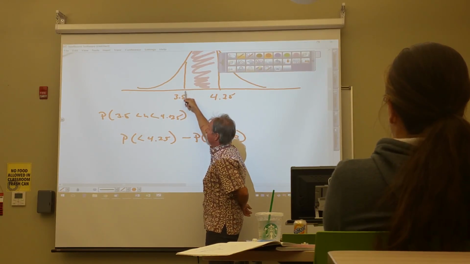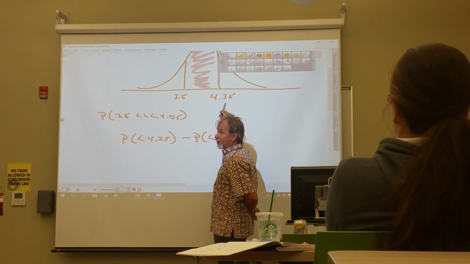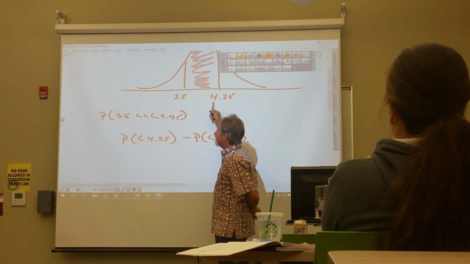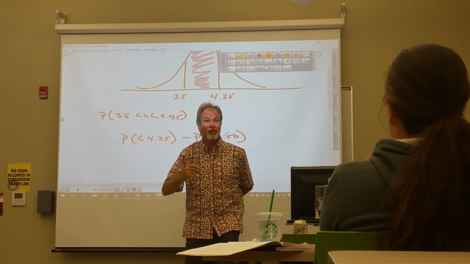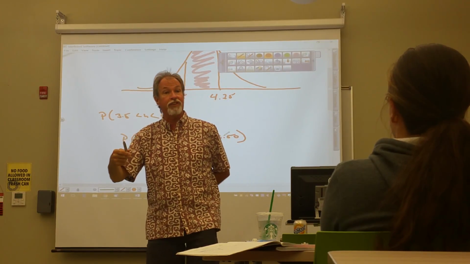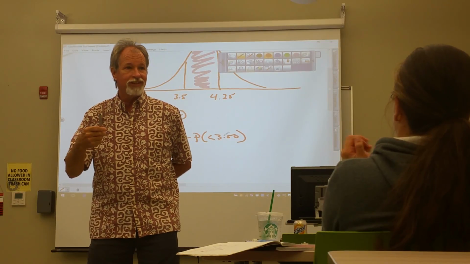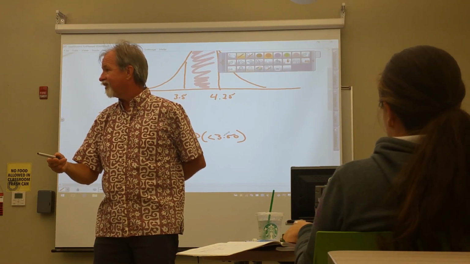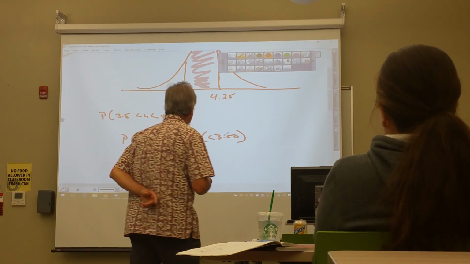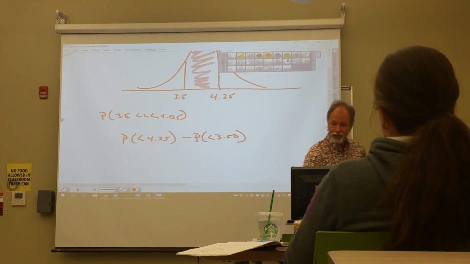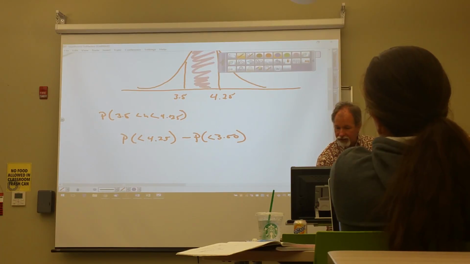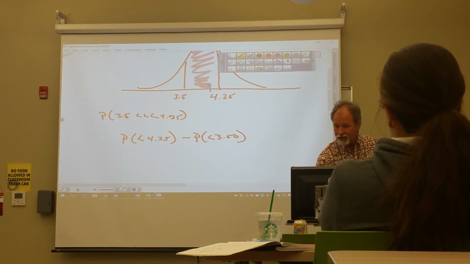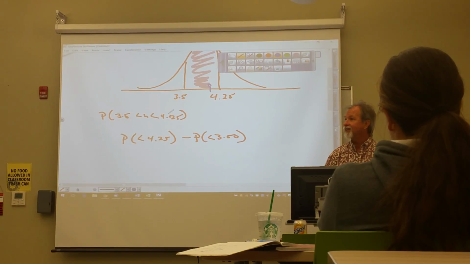I want to find this, which means I have to find what? Because if I'm using this normal table, the normal table is based on what type of scores? Z-scores. Because remember, it wants to use when the mean is 0 and the standard deviation is 1.